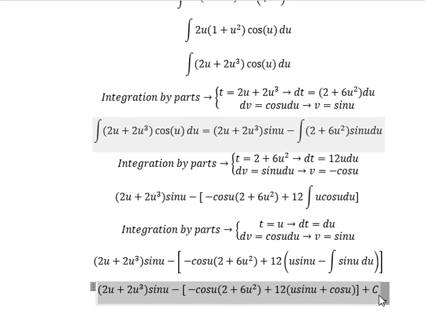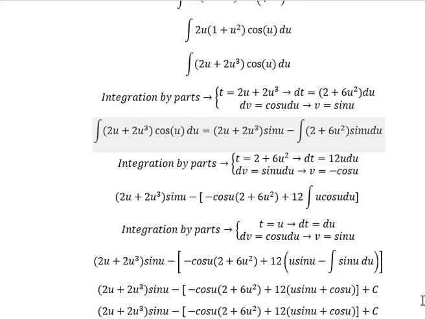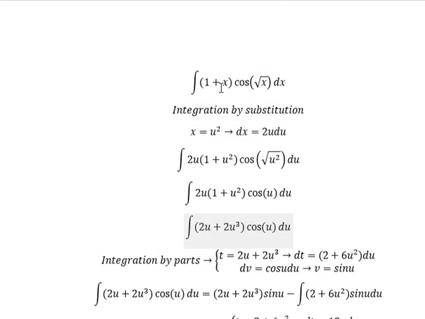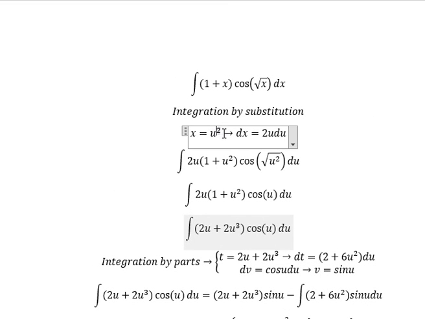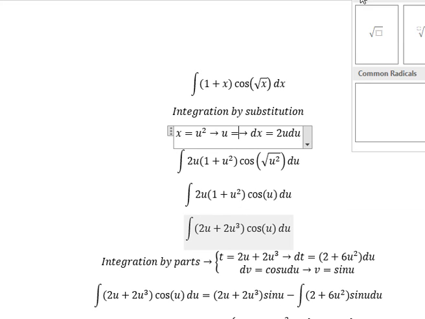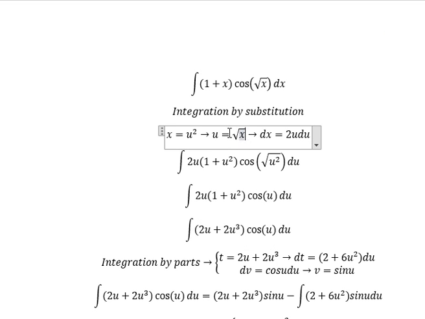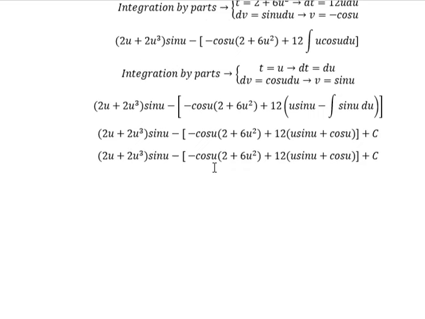About u, that's it about this one. So we put the square root for both sides, and you got u equals the square root of x. So we put this one to replace for u.